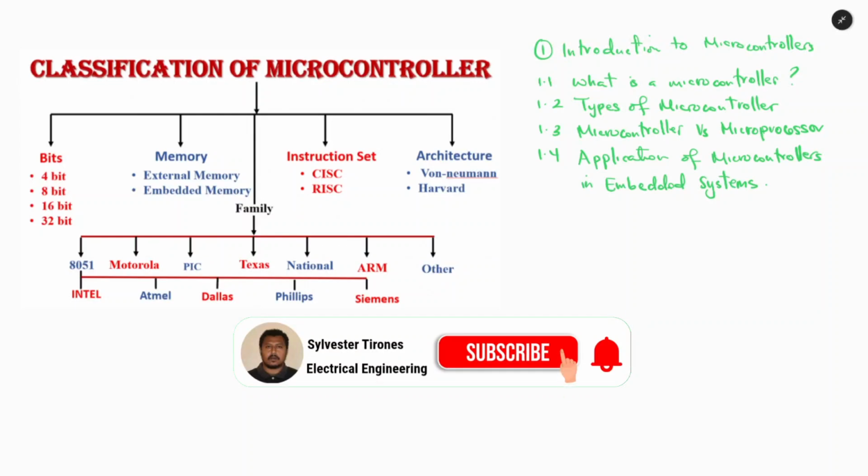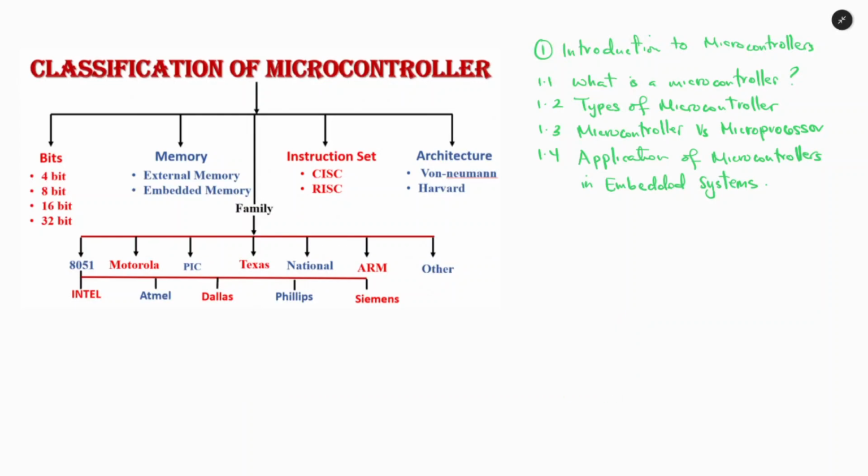In our microcontroller course, the first topic that we are covering is the introduction to microcontroller. In our first video, we discussed what a microcontroller is, we defined the meaning of a microcontroller, and we discussed a few microcontrollers.